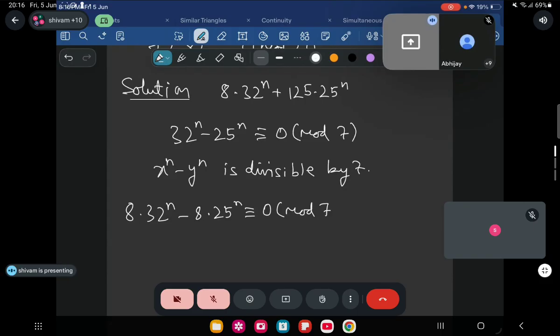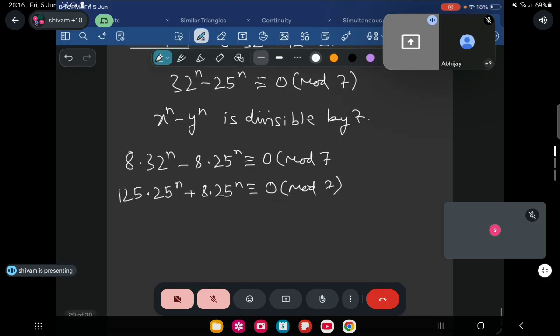I need 125 into 25 to the power n plus 8 into 25 to the power n. Is it congruent to 0 mod 7? Let me just check. Yes, 125 plus 8 is 133. 133 is divisible by 7. Yes, so this is fine.